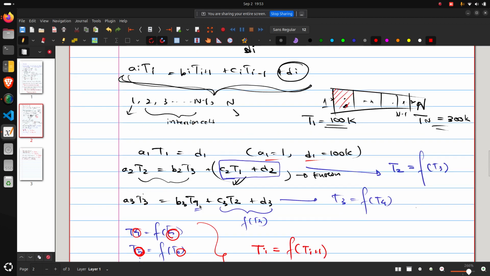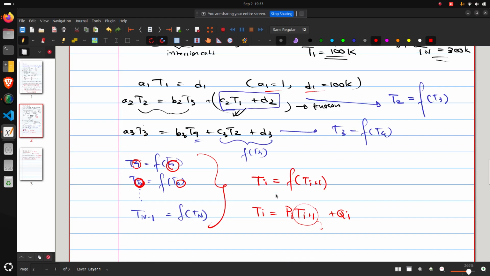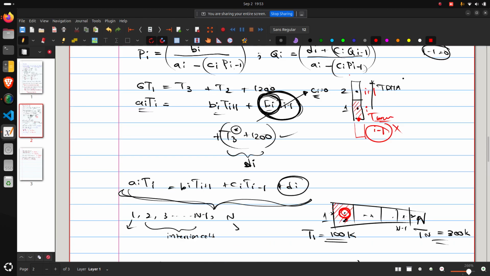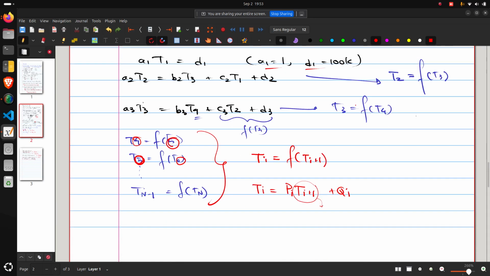Okay, so from here, if you remember, this is point 2, cell number 2 in the toy problem that I have shown. This is point 1 in our case, right?